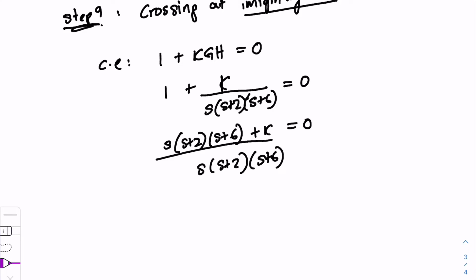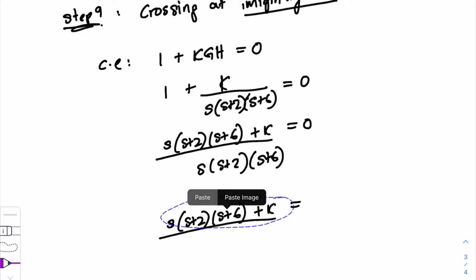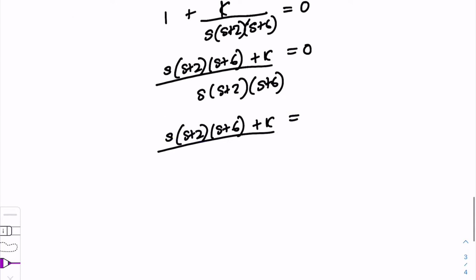So your equation will be just s multiplied by (s plus 2) multiplied by (s plus 6) plus K equals 0. So that is your characteristic equation. Using this characteristic equation, we can later plot our Routh array. And from the Routh array, we can identify the critical value of K.